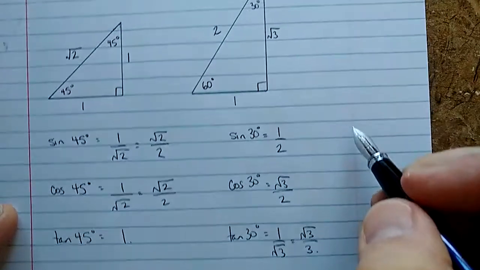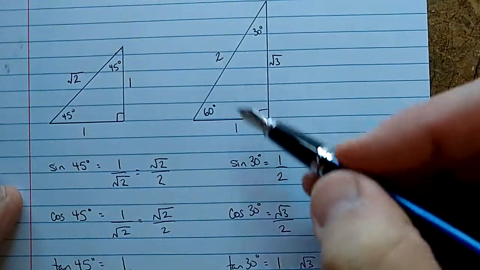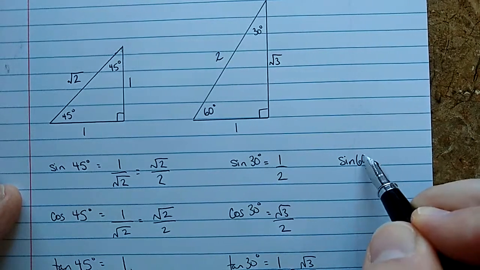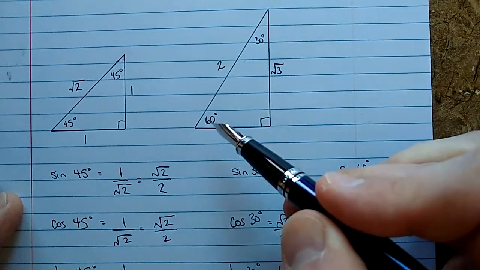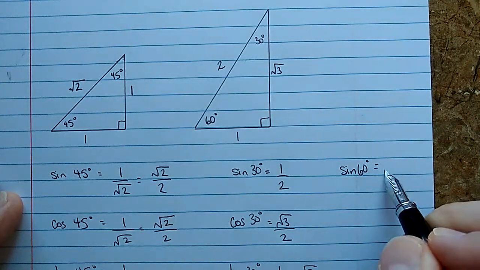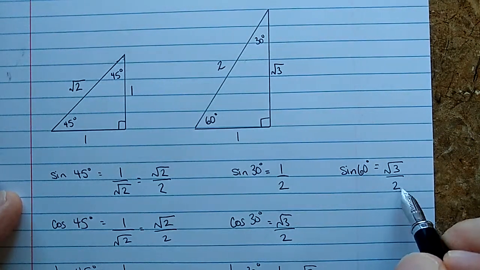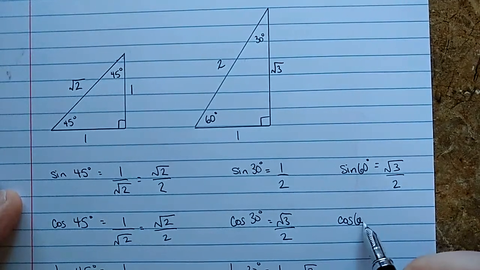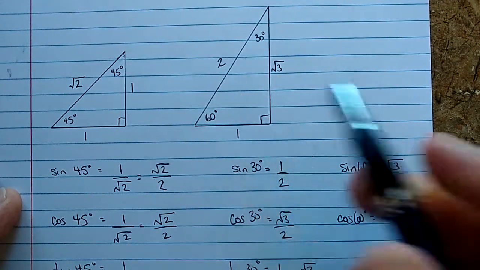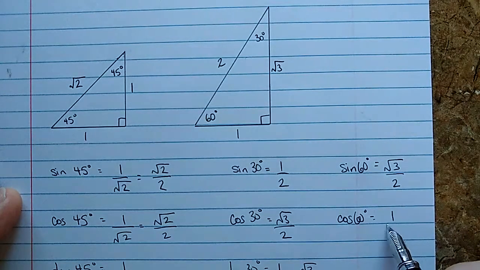Okay, we've got just enough room to finish off the 60 degree ratios over here. Sine of 60, opposite is root 3, hypotenuse is 2. Cosine, adjacent to 60 is 1, and hypotenuse is 2.